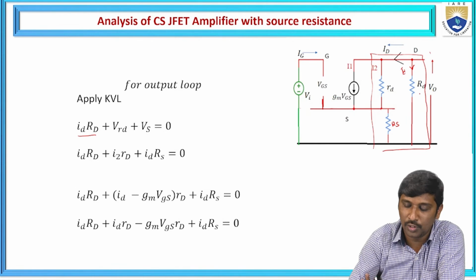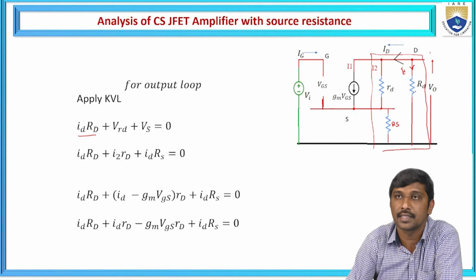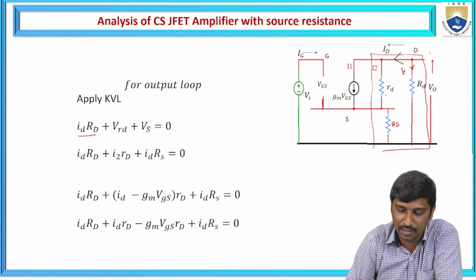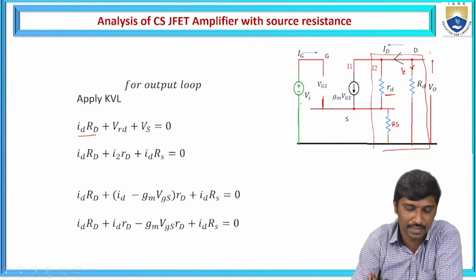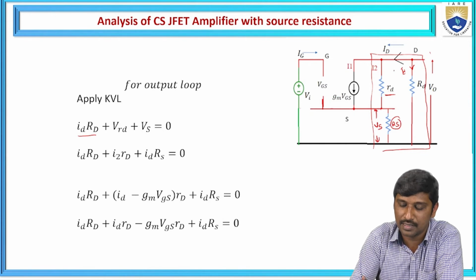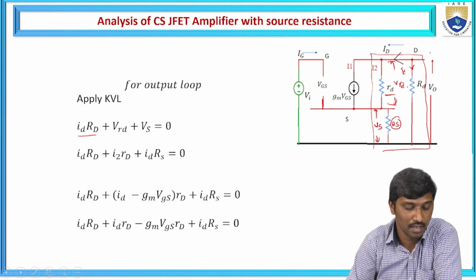Hence the voltage drop across the external resistance is represented as ID into RD. Similarly, the voltage drop across the internal resistance is VRD, and the voltage drop across RS I represented as Vs.